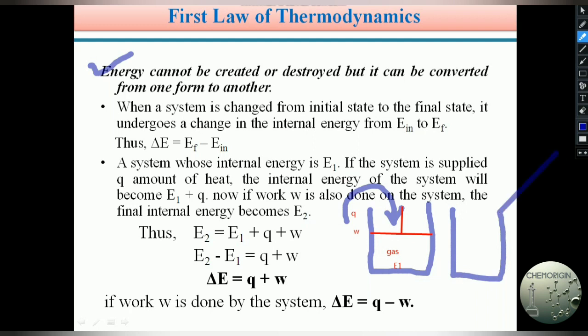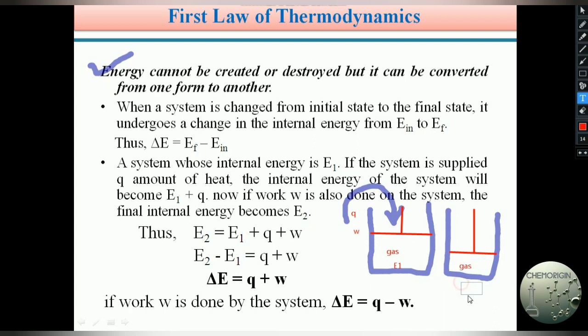Suppose our frictionless piston is like this. Suppose gas compression takes place, or gas expansion, whichever you can assume. Suppose gas compression takes place. So compression of the gas takes place. This is your system, the gas.